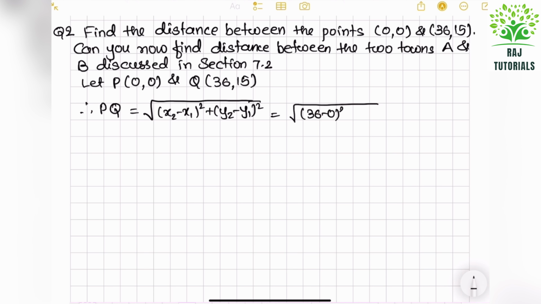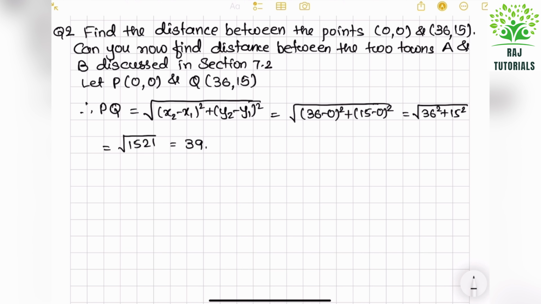So that will be equal to 36 minus 0 whole square plus 15 minus 0 whole square. So that is 36 square plus 15 square. So that will be equal to 1521. If I square and add them, it is coming 1521, which is equal to 13. So first answer I got.